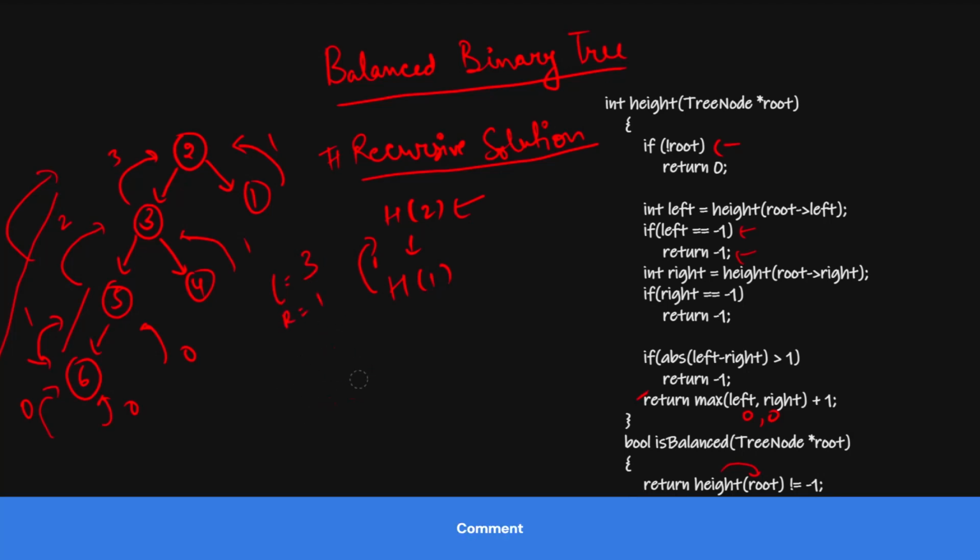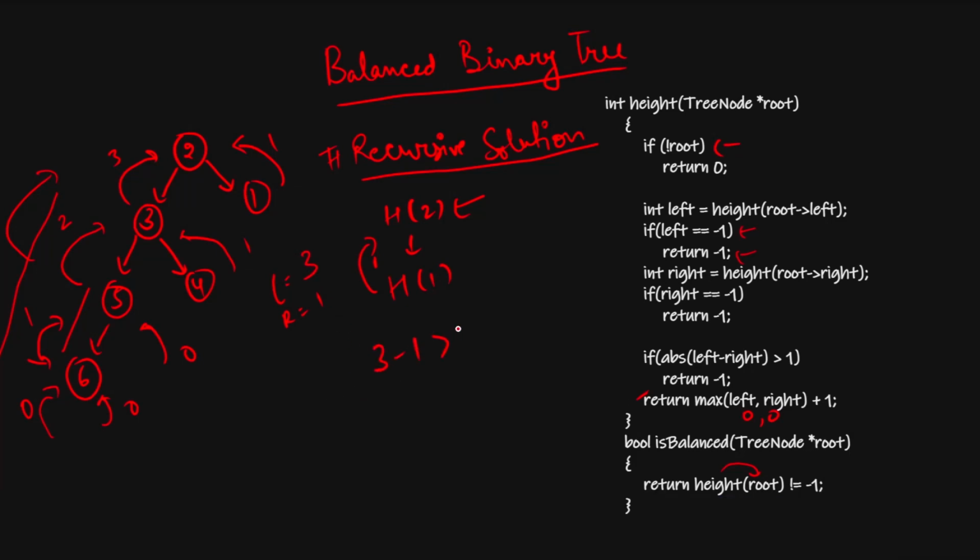So now I will check 3 minus 1. Is 3 minus 1 greater than 1? Yes, it is. So in that case, I will return -1. Earlier, for each subtree I was returning the height.